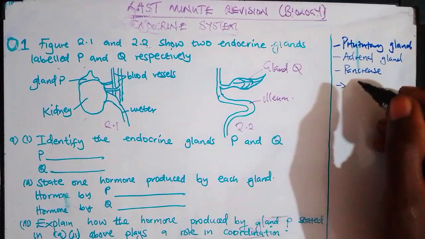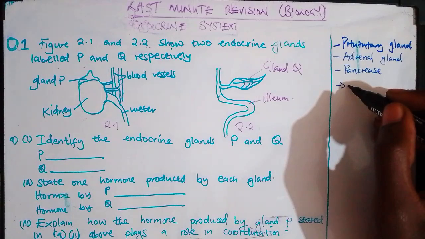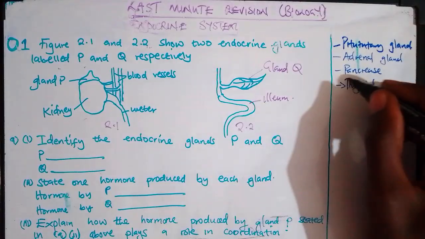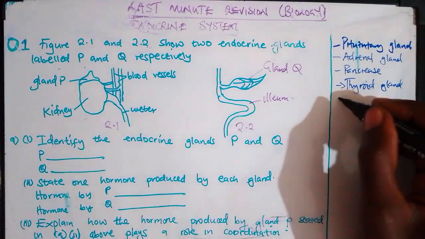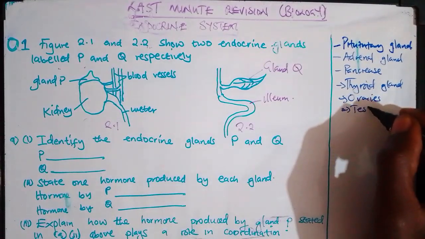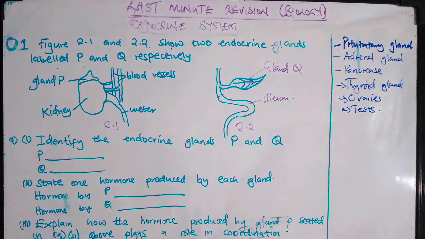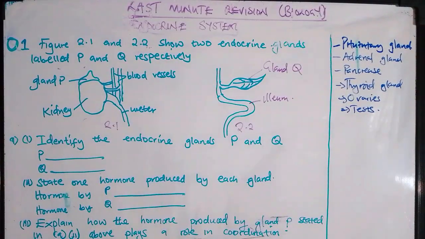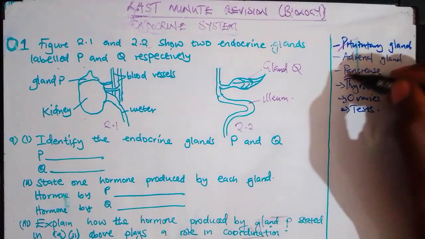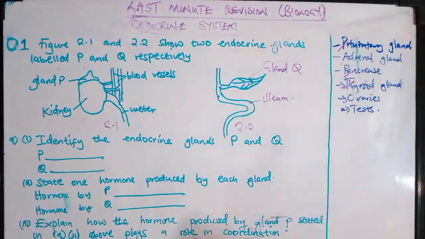We also have the thyroid gland, the ovaries, and the testes. These are some of the glands which you should know for your exams. But the most important ones are the pituitary gland, the adrenal gland, and this. So these 4 are the top important glands which you should know.